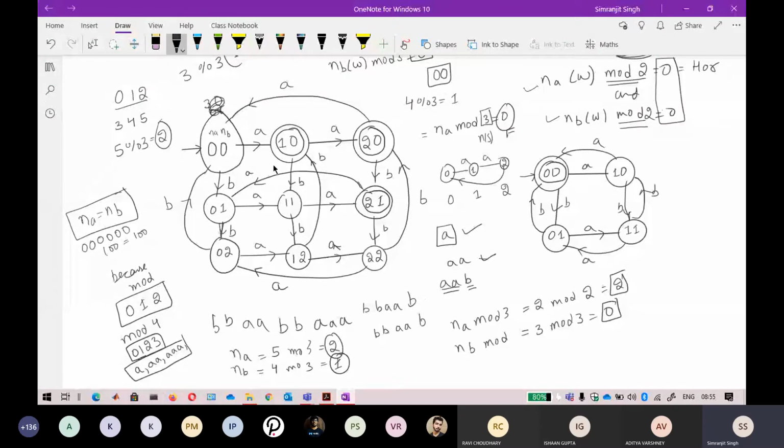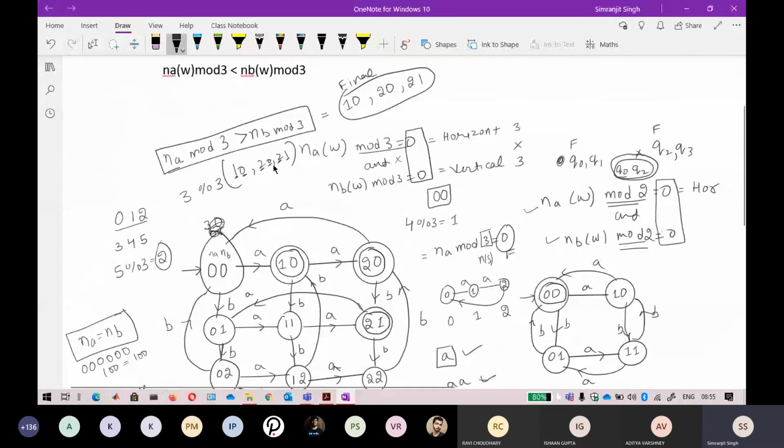Okay, so again, you can solve this question for anything. Like if I say number of A's mod 3 is less than number of B's mod 3. So in this particular question, you just draw the final states. What will be the final states here? I think you are getting it.